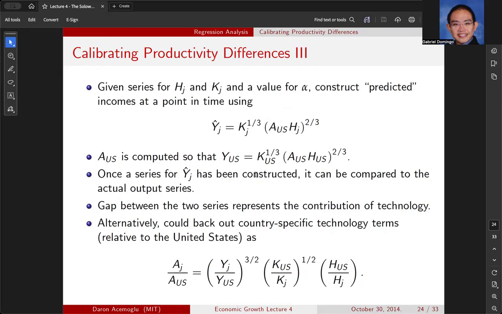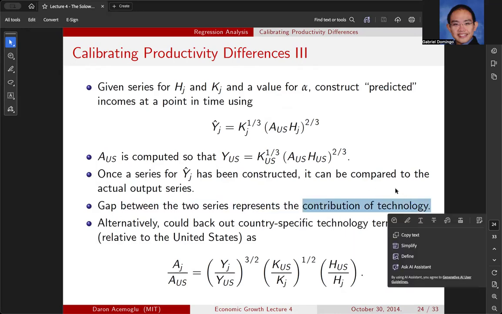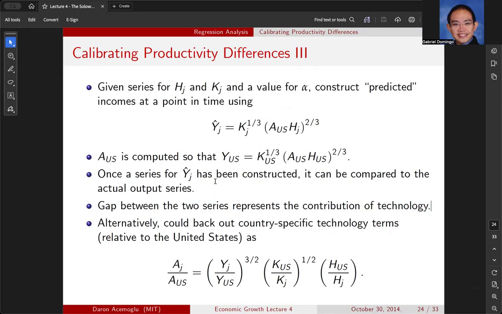So once a series y hat j has been constructed, it can be compared to the actual output series. To the extent that y hat j will be greater than the actual yj, then that will represent the contribution of technology, right? In particular, if y hat j is greater than actual yj, then that means that US technology exceeds J's technology.